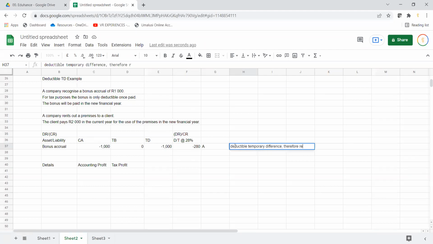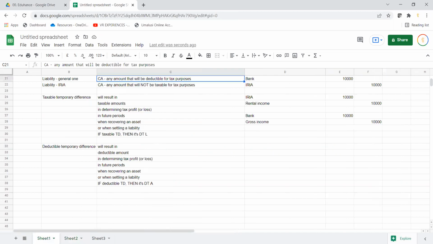Therefore, recognize a deferred tax asset. My formula tells me that already, but I want to be able to convince myself why it is correct using the definition of a deductible temporary difference.